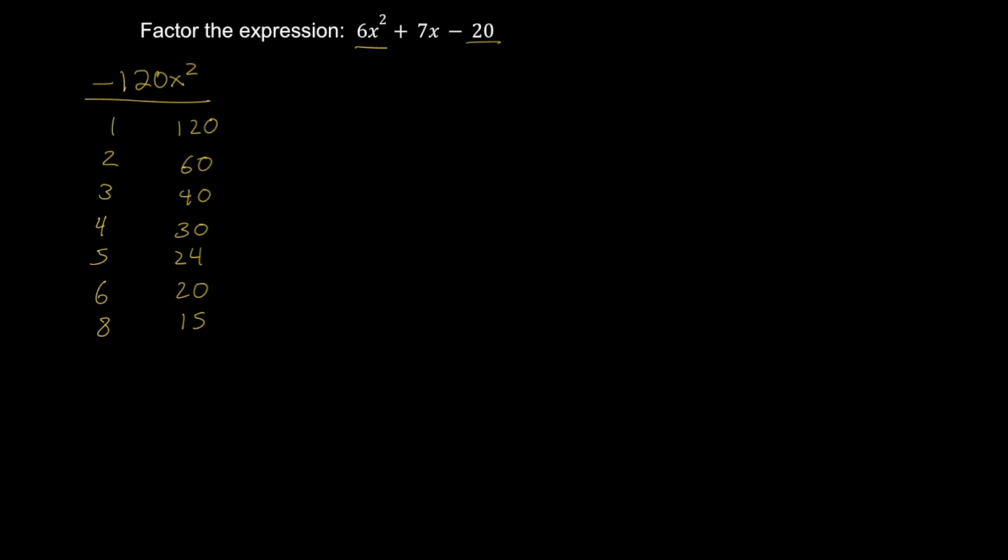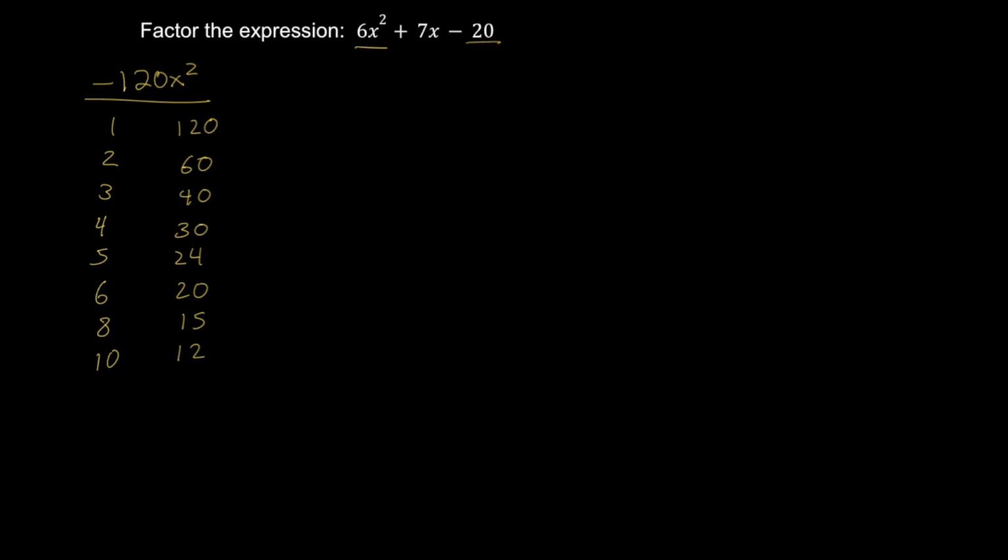Nope, 10 and 12, 11 does not go into 120, and if I go any higher, I'm going to get to 12, which is already on my list. So these are all the possible combinations of factors of 120.